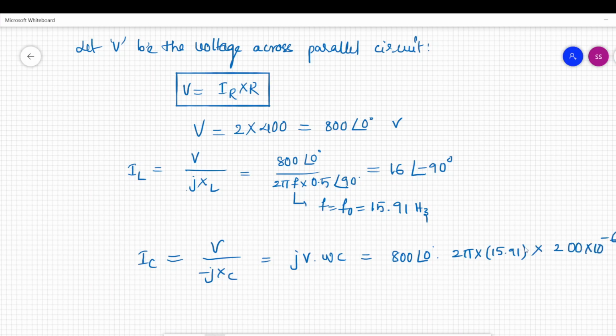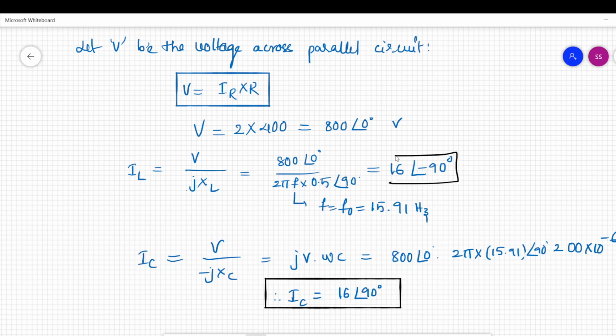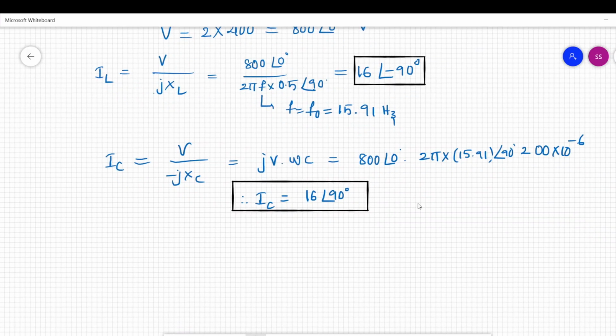This value will be leading by 90 degrees because it has the j operator. So the current through the capacitor IC is equal to 16 at an angle of 90 degrees. Here you can see the current through the capacitor is leading by 90 degrees, but the current through the inductor is lagging by 90 degrees. You should understand these things. The units are amperes.